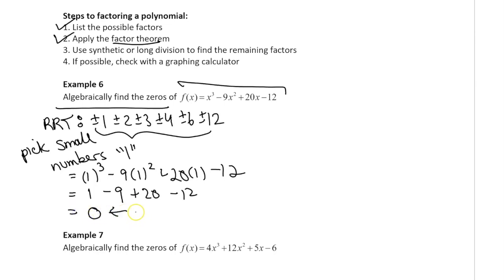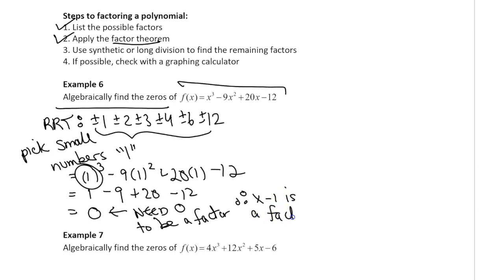And we need 0 to be a factor, so this is a good thing. That means that 1 is a factor, which means that x minus 1 would be one of our overall factors. So let's write that. Therefore, x minus 1 is a factor.